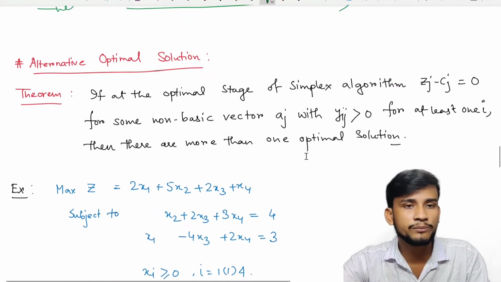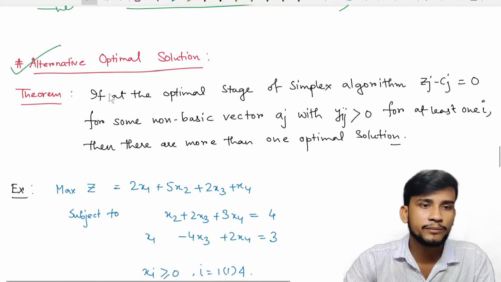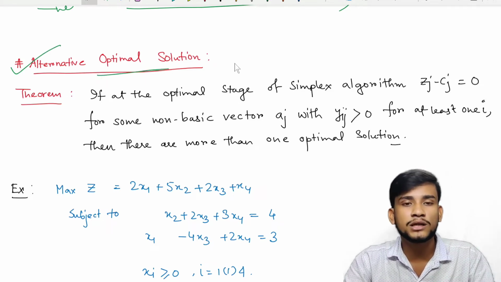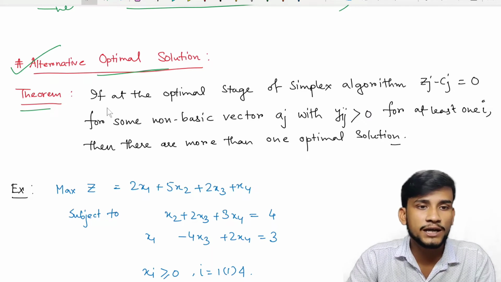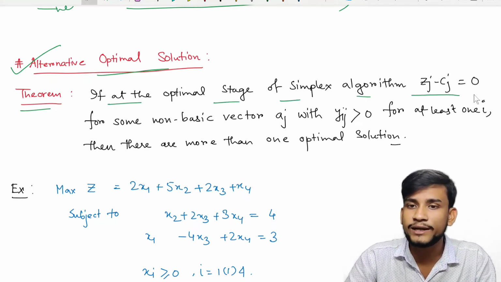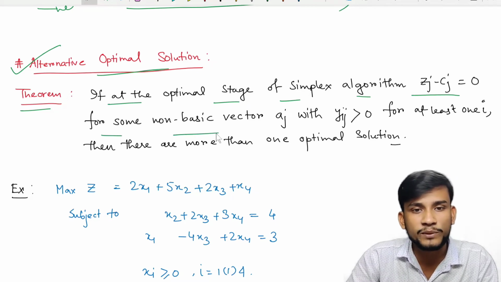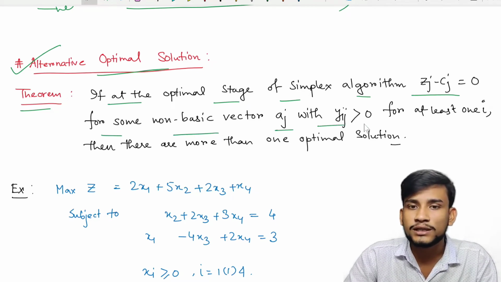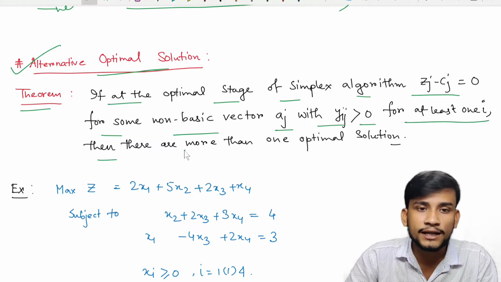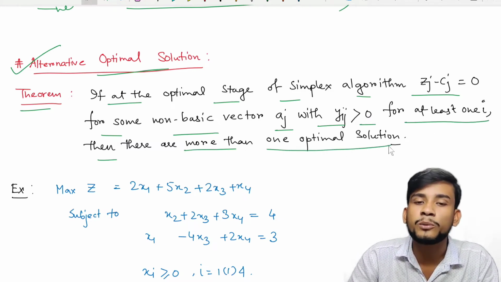Now we come to another theorem, which is alternative optimal solution, that is, more than one solution. The theorem says that if at an optimal stage of the simplex algorithm zj minus cj equals 0 for some non-basic vector aj with yij greater than 0 for at least one i, then there is more than one optimal solution.